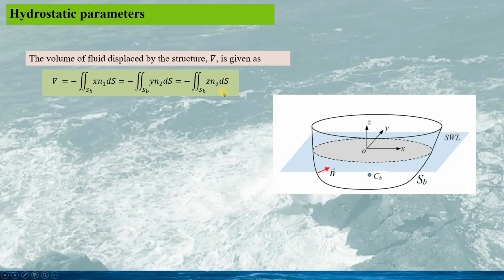This expression means the volume of the fluid displaced by the structure can be calculated in three different ways, in three directions: on x-axis, on y-axis, and on z-axis respectively. And all three volumes should be same if the calculation is accurate enough.